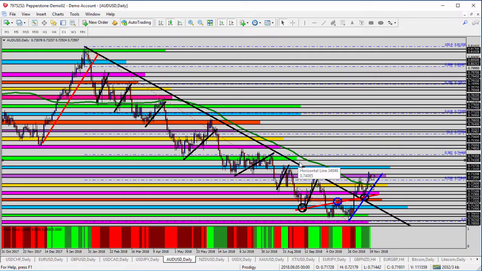And I don't know if I can get this selected right now, but this green shaded area, yep, there it goes, right there in the middle of the chart, is the 382 to 618 of that same trend range, the black trend. If it becomes a longer term reversal, we could even see it all the way back up here into the 77 level. That's where the 618 of that black trend line lives. So quite a bit higher if we start to see longer term retracement for this currency pair.